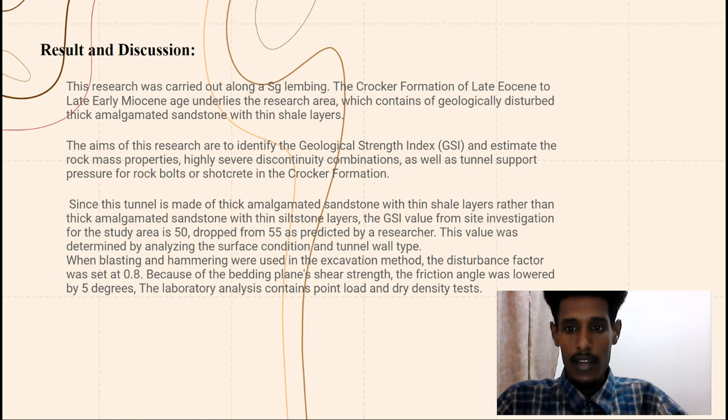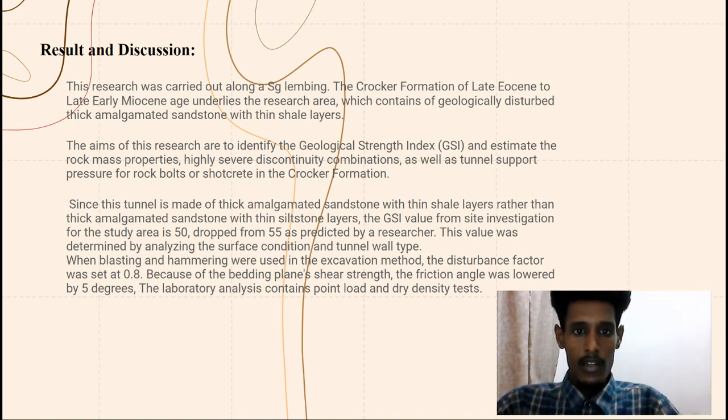The GSI value from site investigation for this study area is 50, dropped from 55 as predicted by the researcher. This value was determined by analyzing the surface condition and tunnel wall type.